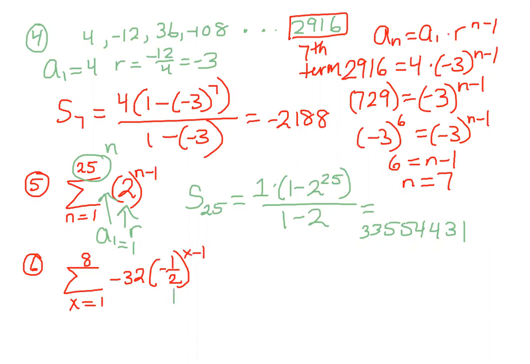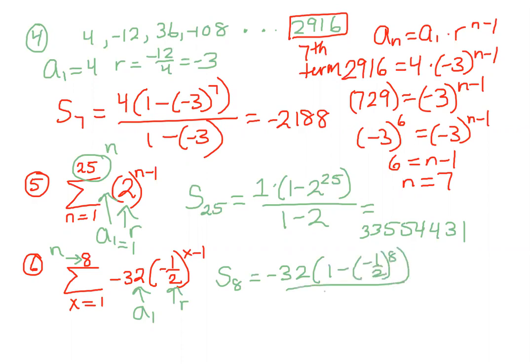So this is R, this is A1, this is n. So we're looking for S8, which is A1 times 1 minus that over 1 minus that. And this equals negative 21.25.